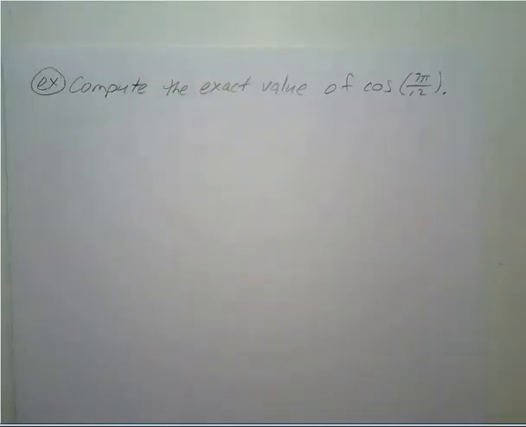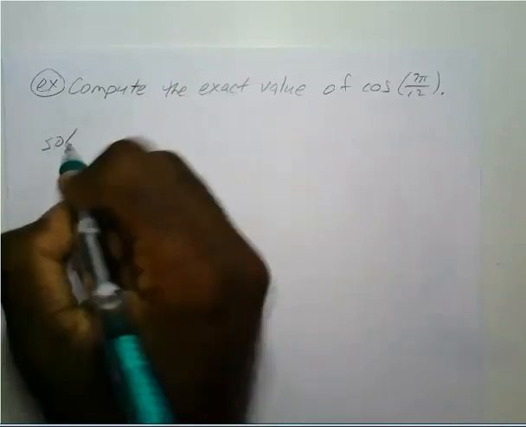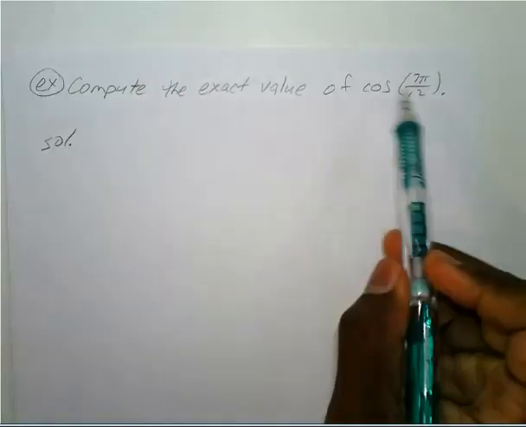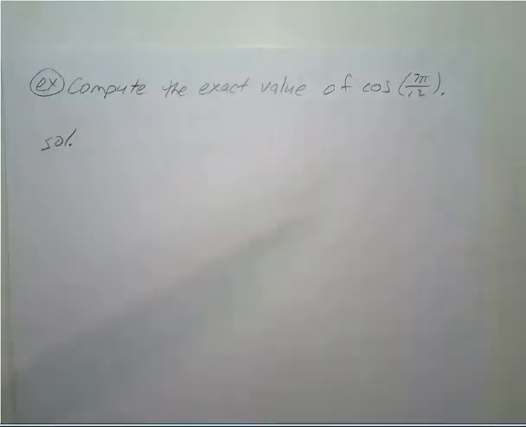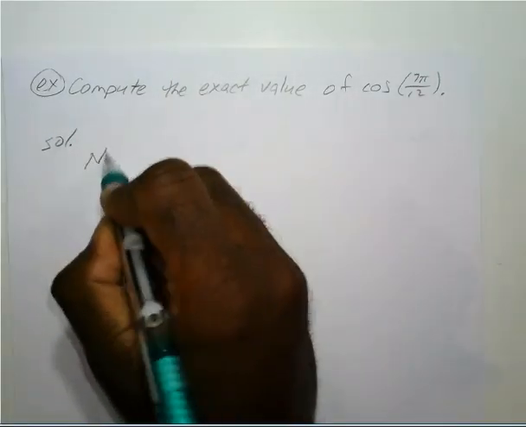What if we wanted to compute the exact value of cosine of 7 pi over 12? First we have to rewrite that 7 pi over 12 to values that are a little more familiar on our unit circle.